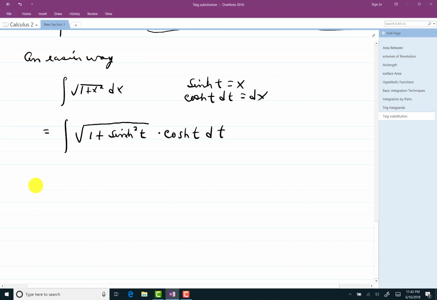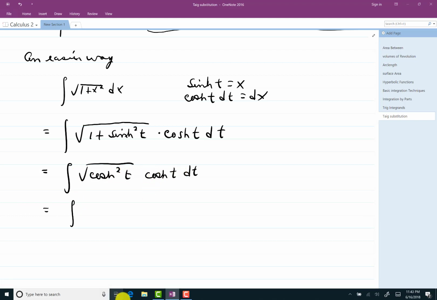The reason why this is such a good thing is because 1 plus hyperbolic sine squared is equal to hyperbolic cosine squared. And you don't have to worry about the absolute value of hyperbolic cosine, because its range goes from 1 to infinity. It's never negative. So the square root here is just going to be cosh.